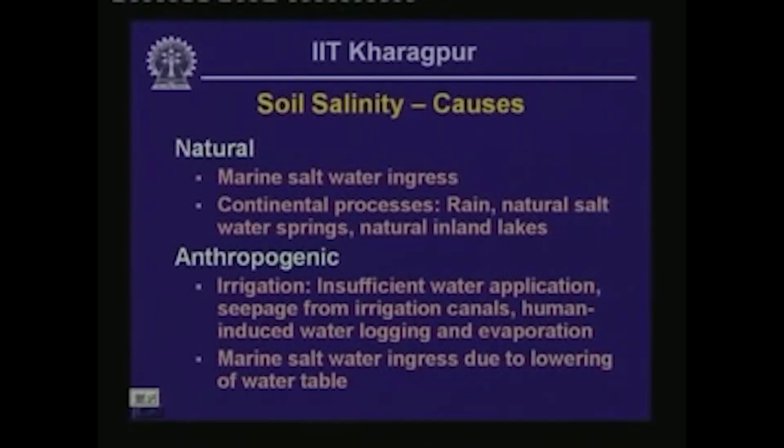For instance, marine salt water could get into the area underlain by fresh water and displace the water table underneath, and this could happen during storm events, or there could be continental processes such as rainfall comprising soluble salts, then natural saltwater springs and natural inland lakes. So these are the natural causes of soil salinity. We are particularly interested in the anthropogenic cause in this particular lesson.